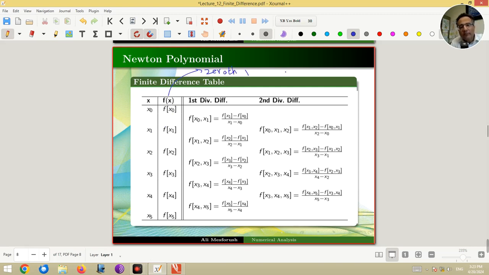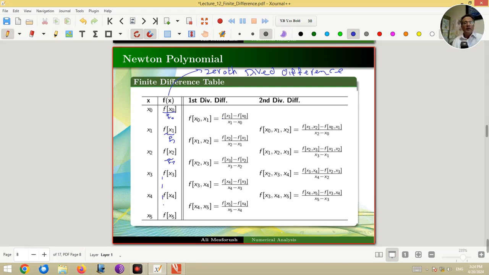divided difference. In fact, this term is f0, f1, f2, and so on, but you consider it as f of x0, f of x1, and so on. Now, by the definition of the divided difference, f of x0, x1 will be f of x1 minus f of x0 over x1 minus x0.